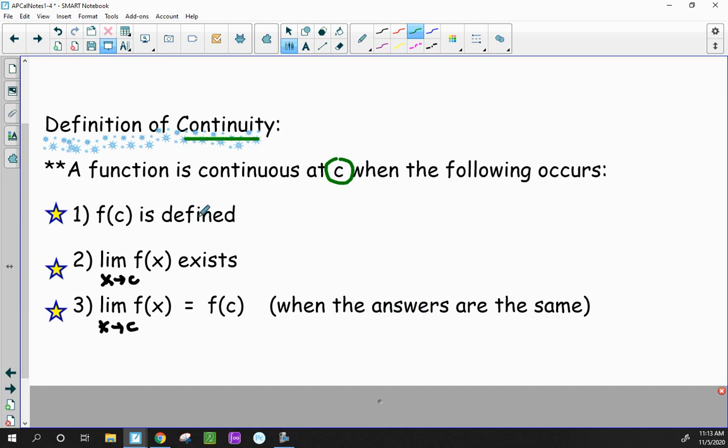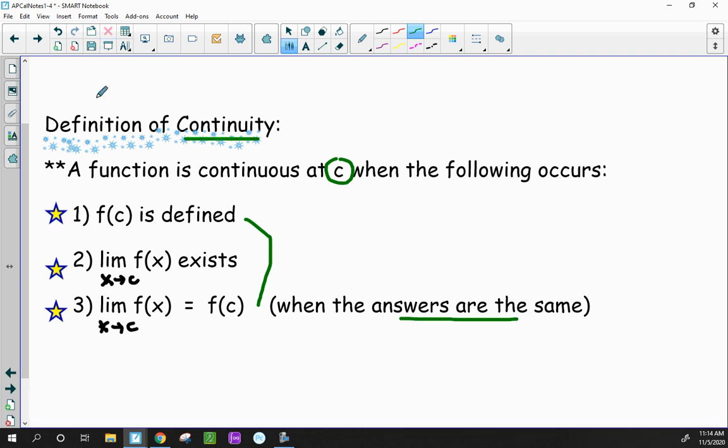So f of c is defined, the limit of f of x as x approaches c exists, and the limit of f of x as x approaches c is equal to f of c when the answers are the same. That is by definition how you truly know that a function is continuous. And again, that's the calculus definition, and this is extremely important that you know all 3 pieces.